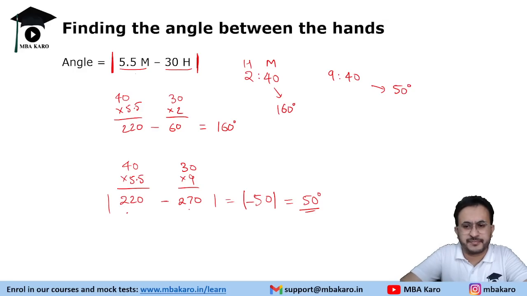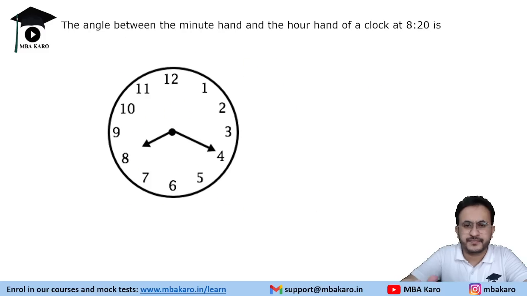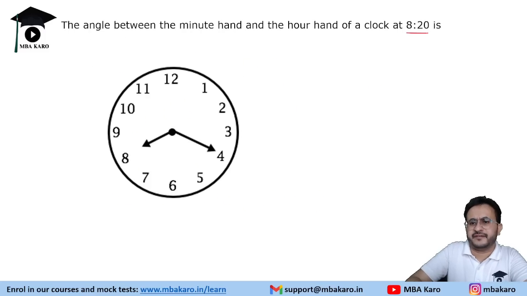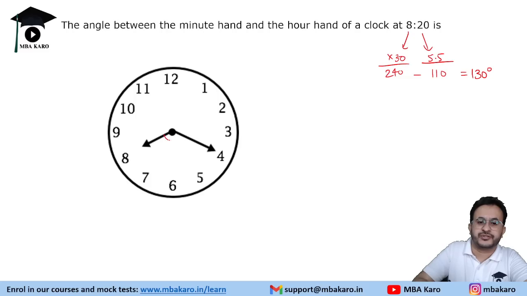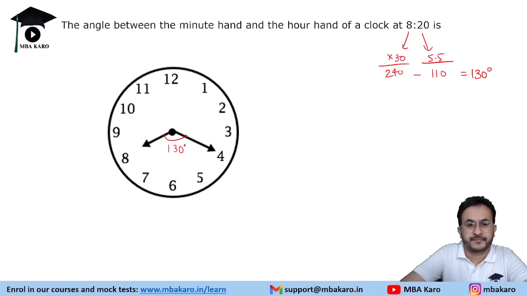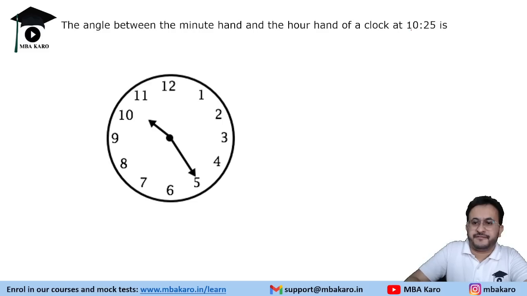So let us look at some examples. 8:20, we need to find the angle. So 5.5m and 30h. So 8 into 30 will be 240, and 5.5 into 20 is 110. Difference we will take, 130 degrees. This angle is 130 degrees. 10:25.